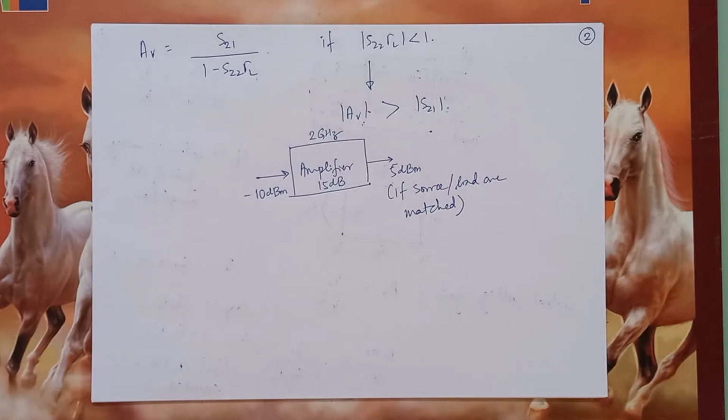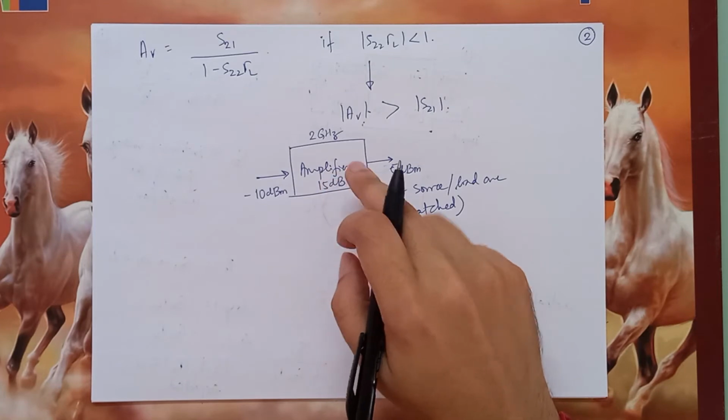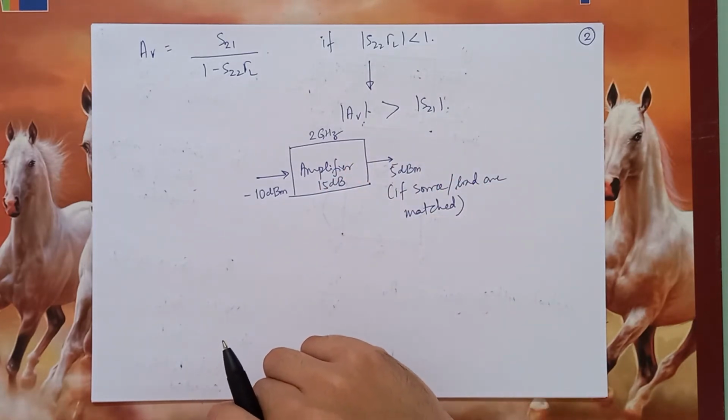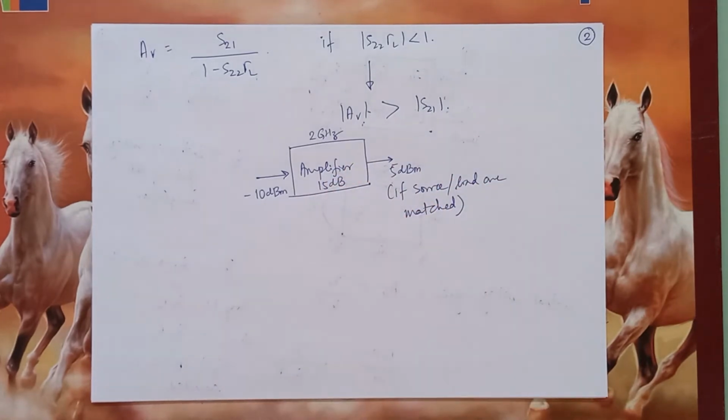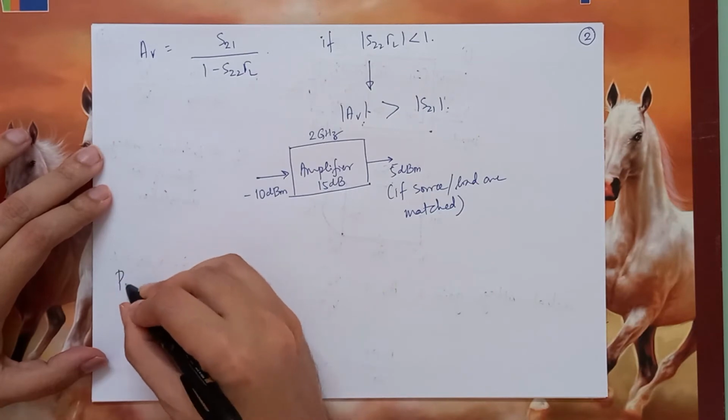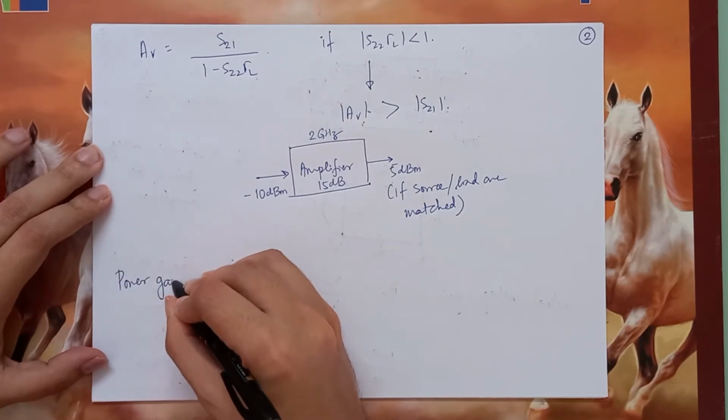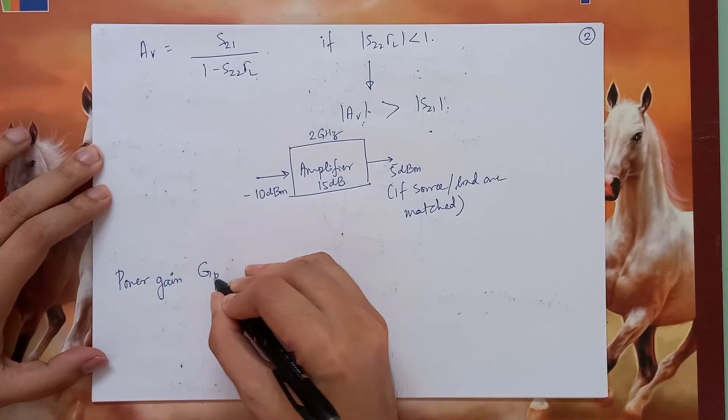Now, we are able to say this because we know what the power gain is. It's given to us, it is 15 dB for an amplifier. But the question is, if I know what the S parameters of that amplifier are and what the load is, can I define the power gain in terms of those parameters? So therefore, we define for any amplifier something called power gain or GP.